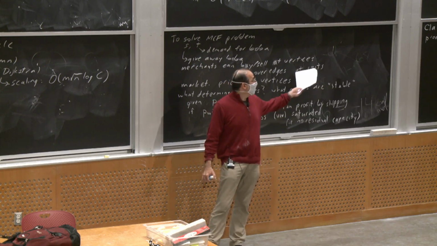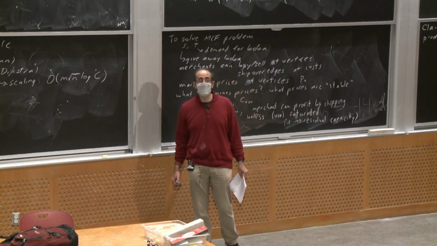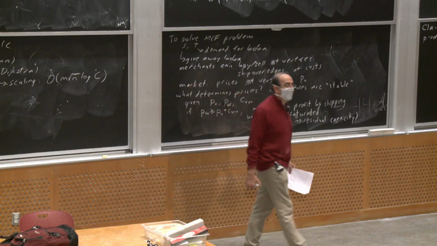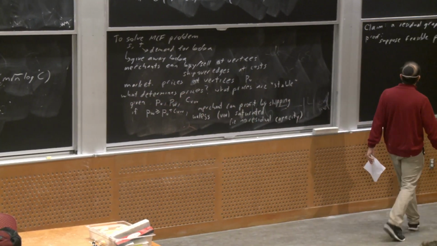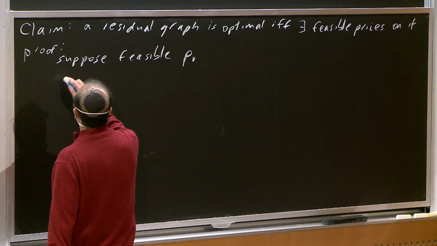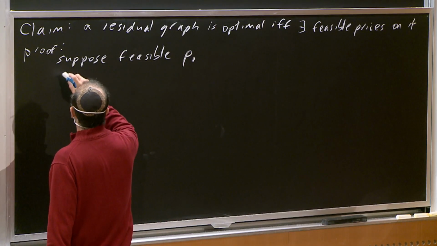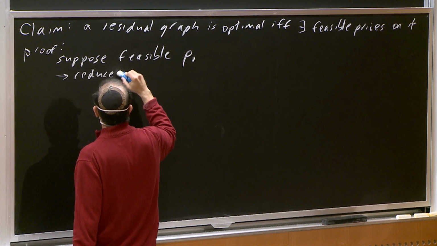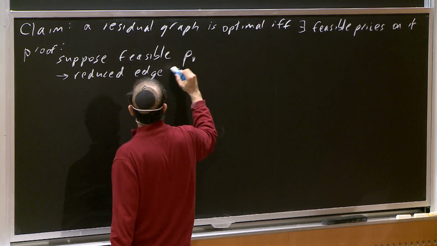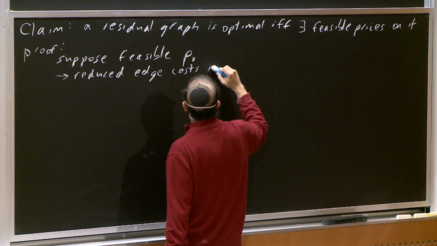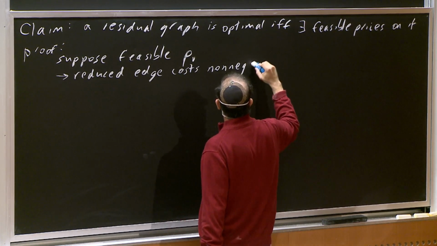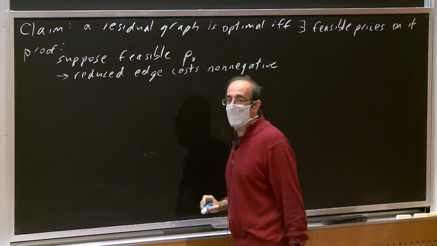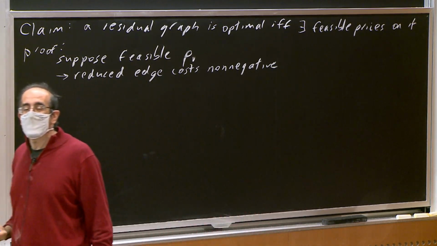So if we can conclude from having a feasible price function that there are no negative cycles, then we're done, right? So if we have a feasible price function, this implies that all the reduced edge costs are non-negative, right? So what's the next step?